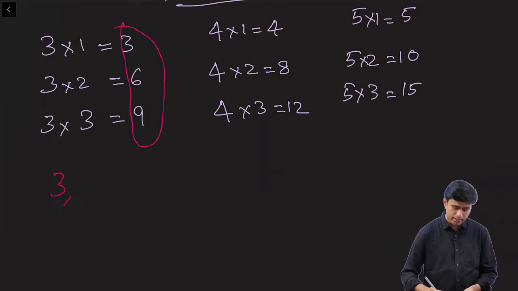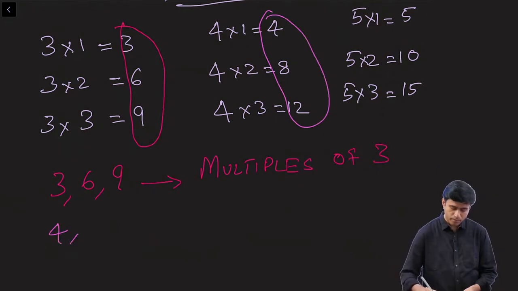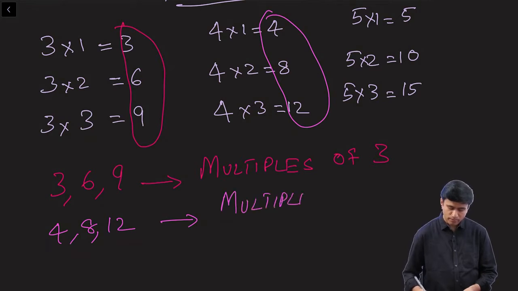In this table, 3, 6 and 9 are the multiples of 3. What are the multiples of 4? 4, 8, 12 are the multiples of 4.